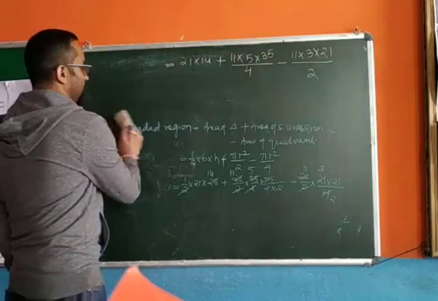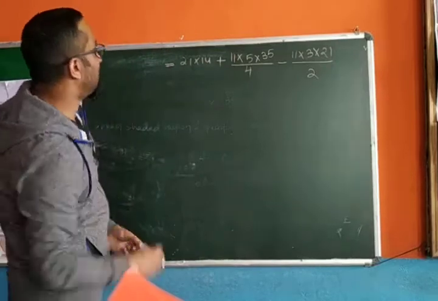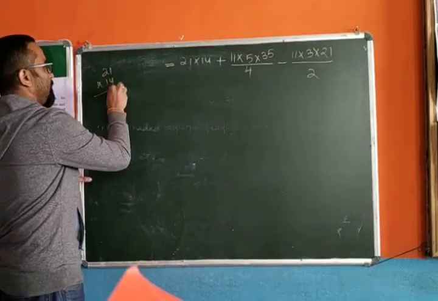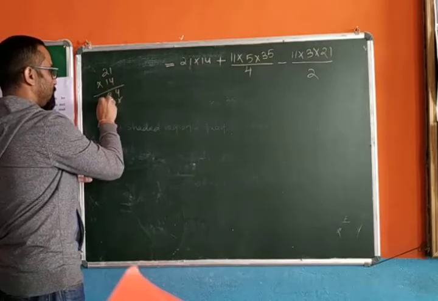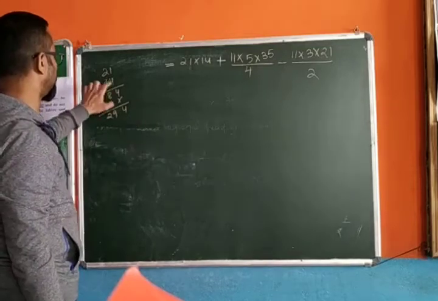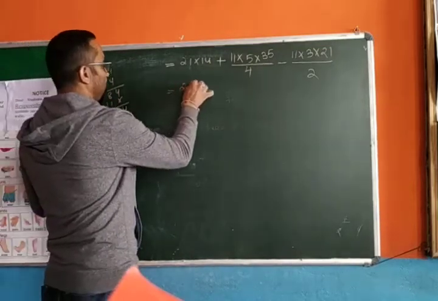Look at the calculation part now. Multiply these two, 21 with 14: 294.